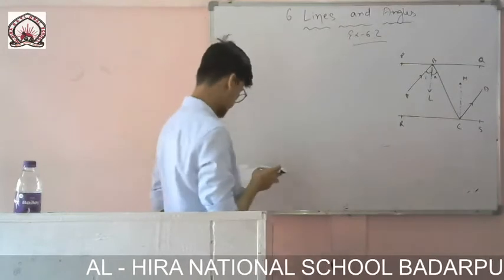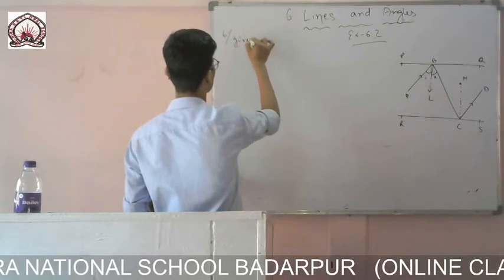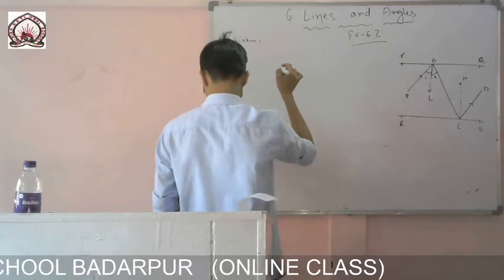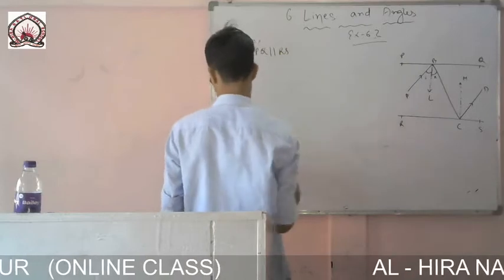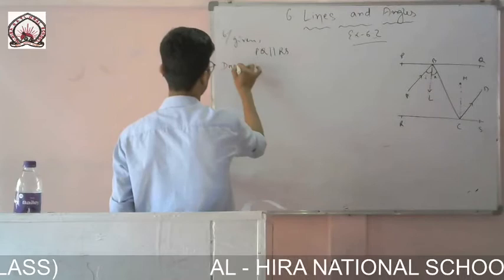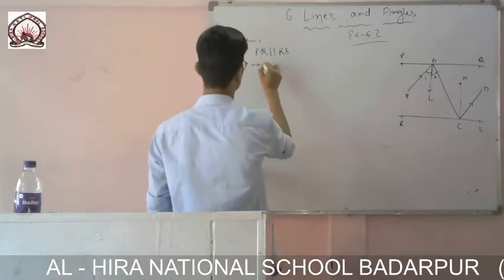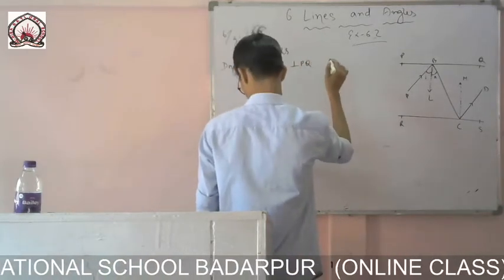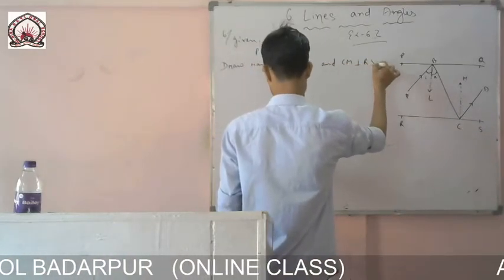So what I have drawn, I have to write. First of all let me write question number 6. Given: PQ is parallel to RS. I am drawing, you write like this, draw ray BL perpendicular to PQ and CM perpendicular to RS.